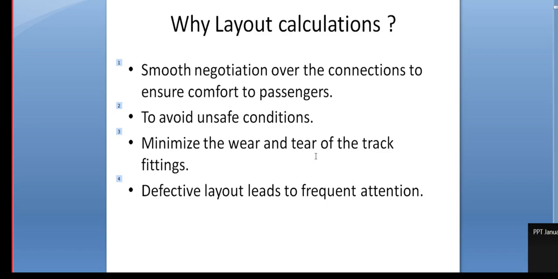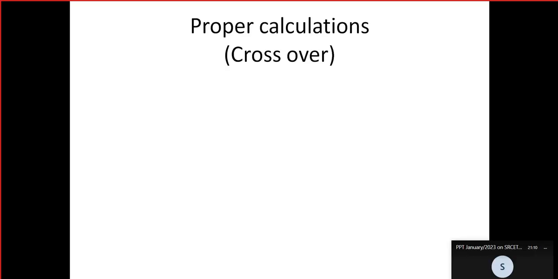Frequent maintenance will be needed, so unnecessary expense, additional expenditure is incurred. To avoid this wear and tear to the components and frequent attention, the proper design of a layout is a must. The proper calculation, proper design of the layout is essential.